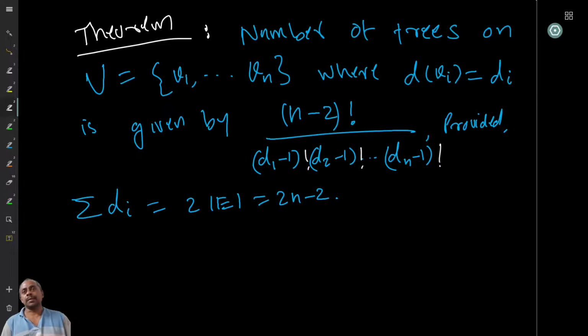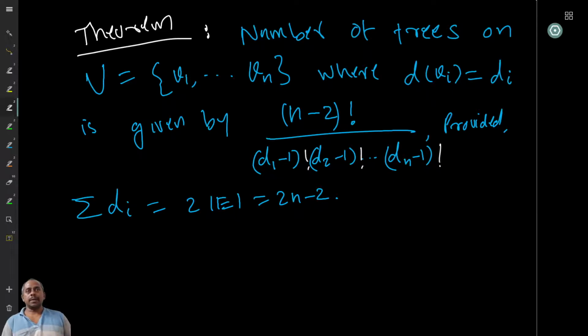We know that the total degree is twice the number of edges, and therefore that must be equal to 2 times (n minus 1), because the tree has exactly n minus 1 edges. So here is the formula: given vertices v1 to vn, and given that every vertex vi has degree di, we can construct trees only if, of course, the summation of di is equal to 2n minus 2.